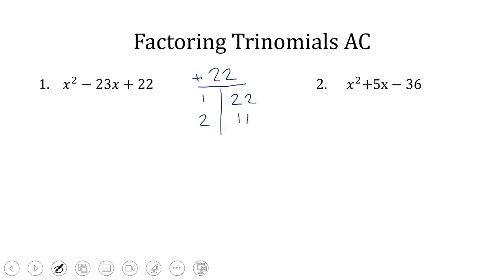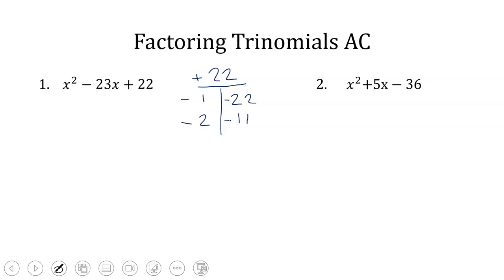So you look at the middle sign to decide what signs you're going to use. Because they add to a negative, I know that both are going to be negative, right? Because 2 positives multiplied, or 2 negatives multiplied, make a positive. But when these numbers add together, they need to be negative 23.